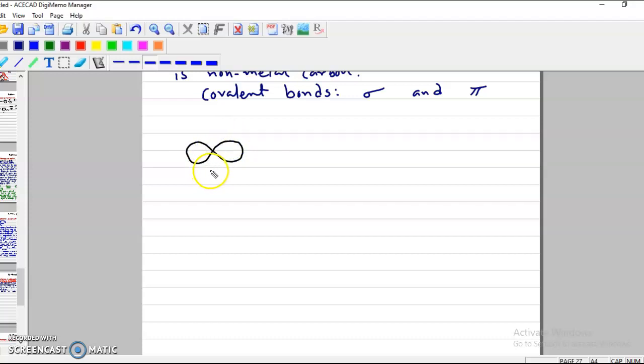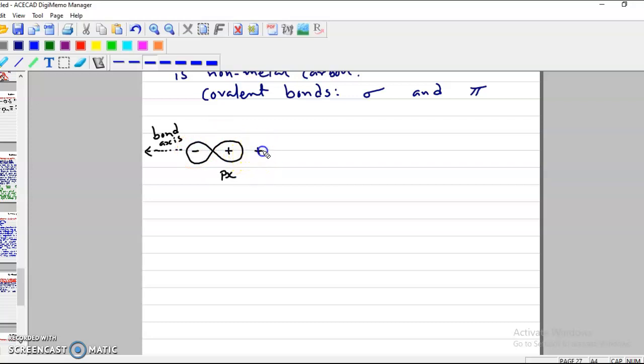As it is dumbbell shaped, we expect this to be a p orbital, because carbon carries p orbitals and s orbitals. So let us call it px orbital. That means this axis becomes the x-axis, and if a bond forms on this axis, we also call it the bond axis. Here we put a positive sign and a negative sign. It doesn't mean charges, but it indicates directions.